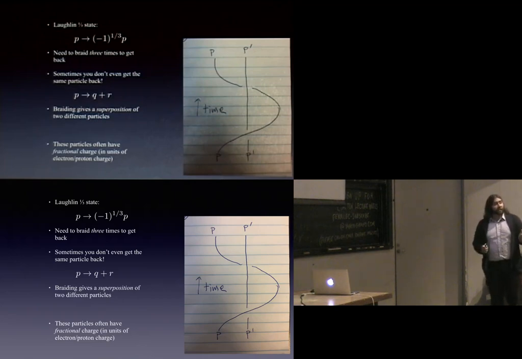And sometimes things get even weirder, not for the 1/3 state, but for other states. You don't even get the same particle back. I could braid P around P prime and get not just, I'm not saying I get 2 particles after I braid. I'm saying that when I braid P around P prime, I get a quantum superposition of having gotten back a Q particle and an R particle.